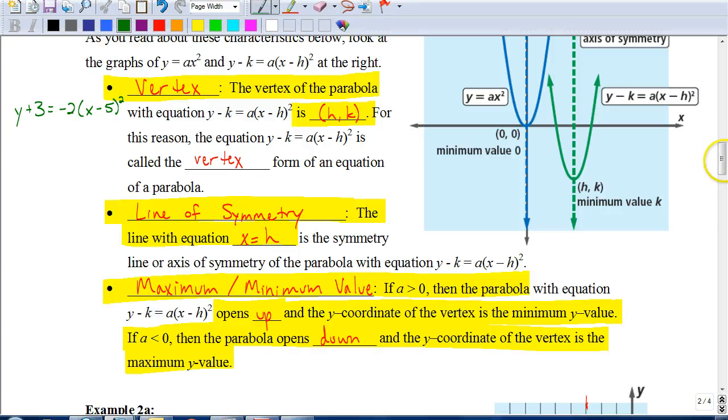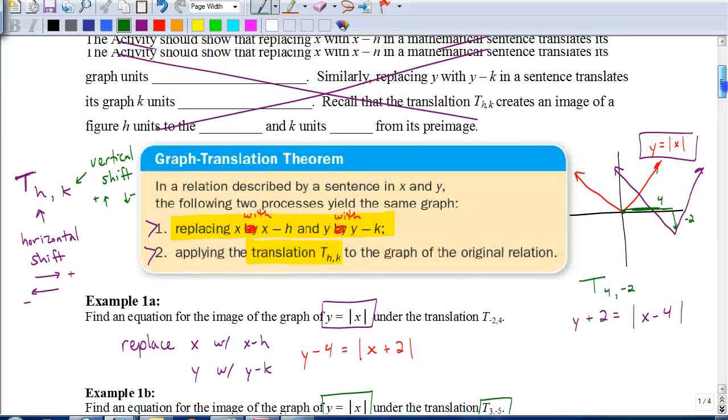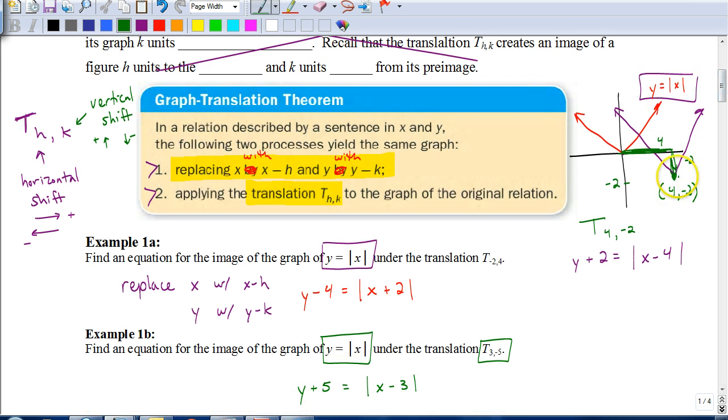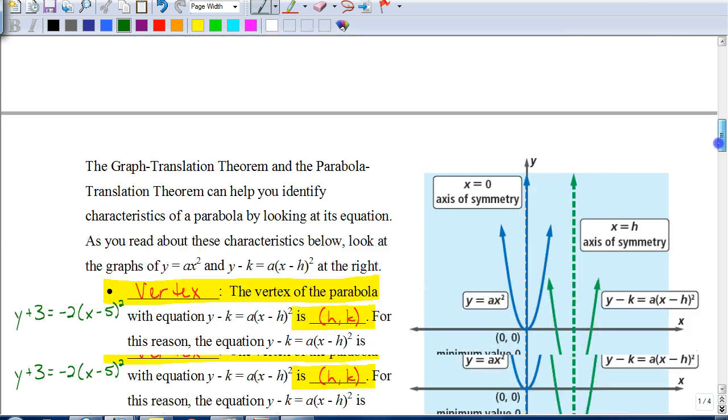For example, if we go back up and look at the example with the absolute value, when I moved this absolute value equation 4 units to the right and 2 units down, this vertex would be at the point (4, negative 2). That makes sense because it's 4 units to the right and 2 units down. So that's where x and y would be on your axes for that vertex: the coordinate (4, negative 2).